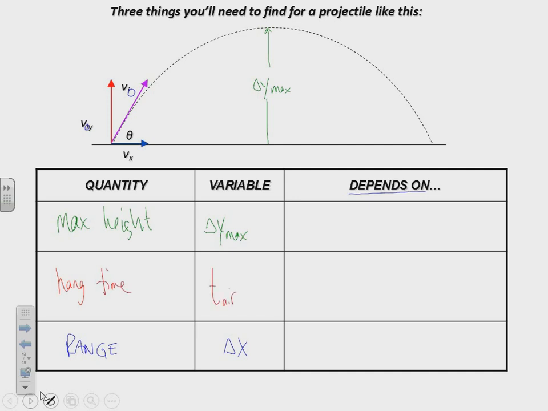You don't really need the air part there. And what am I trying to get at? Well, what does maximum height depend on? Well, how high one of these things goes depends only on the initial vertical velocity. Hopefully that makes sense. I mean, we could say it depends on the launch angle, but the initial vertical velocity depends on the launch angle. So best to say it this way. Depends on vertical stuff.